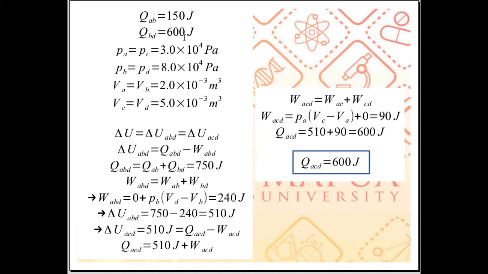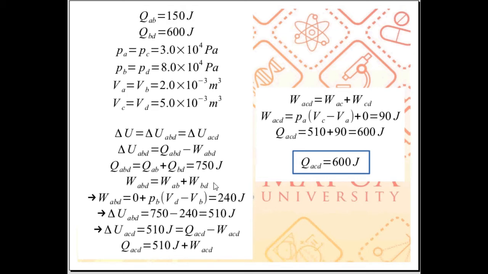We know QAB 150 joules, we know QBD 600 joules, so we are able to get QABD 750 joules.